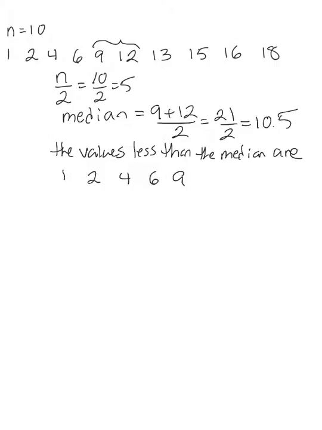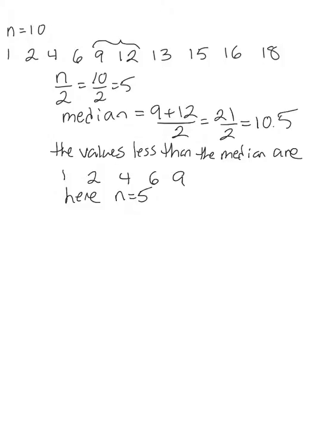So now we have 5 values. So now we have to take the median of an odd number of values, which we just did in the previous example. And since we have 5 values, here n equals 5.